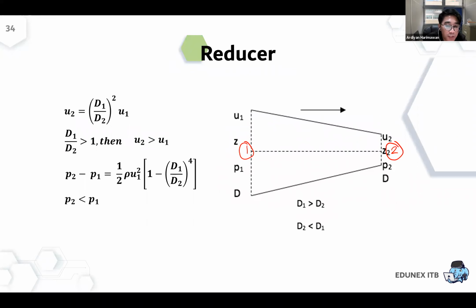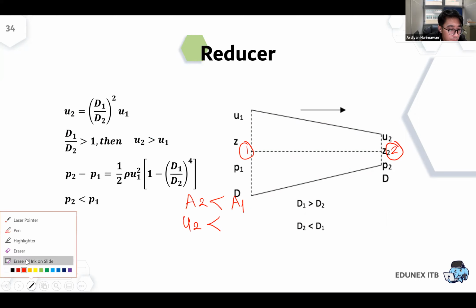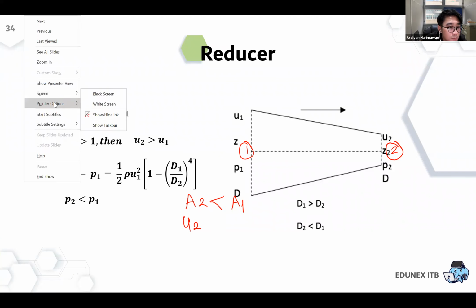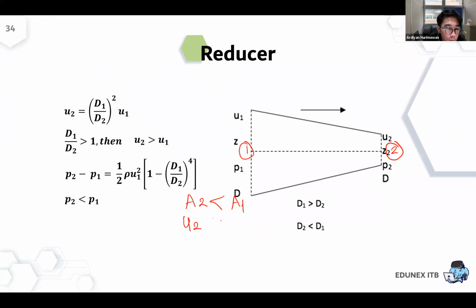However, the difference is that A2 is smaller than A1, then U2 will be higher, right?